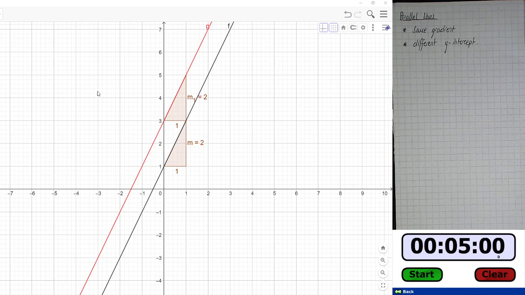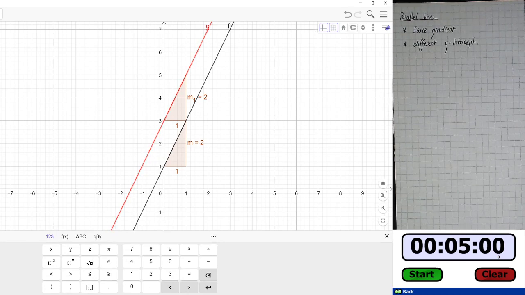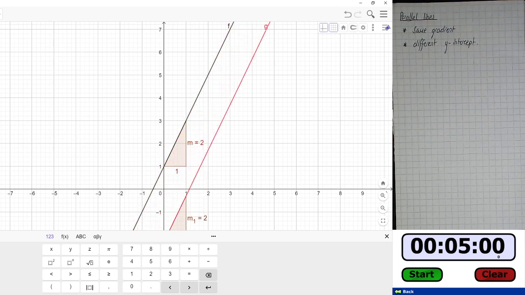Okay, and we can take that line and we could shift it around anywhere. So I'm going to create a little slider here so that we can see that no matter where we shift this line up or down to, it still has the same gradient.